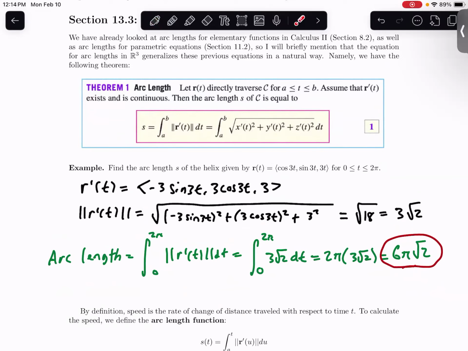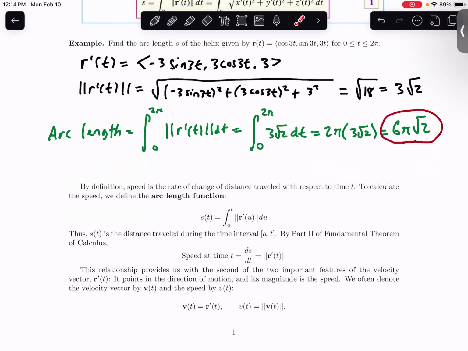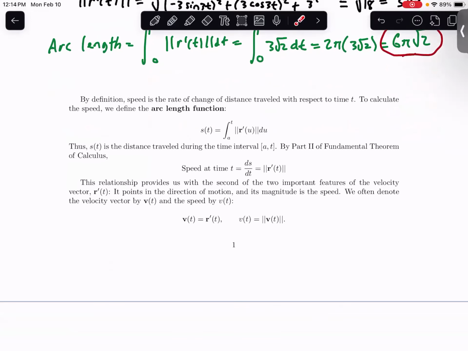The reason why we do that is if you reparameterize a curve in terms of s, the magnitude of the derivative is always going to end up being equal to 1, right? So the magnitude never changes. The only thing that changes is going to be the direction, never the magnitude. That's something I'll talk about a little bit more.